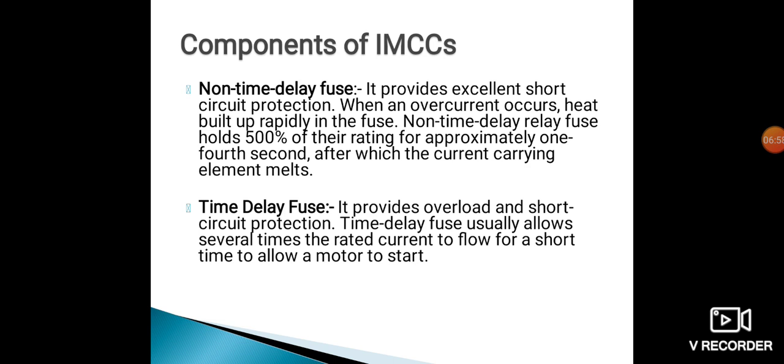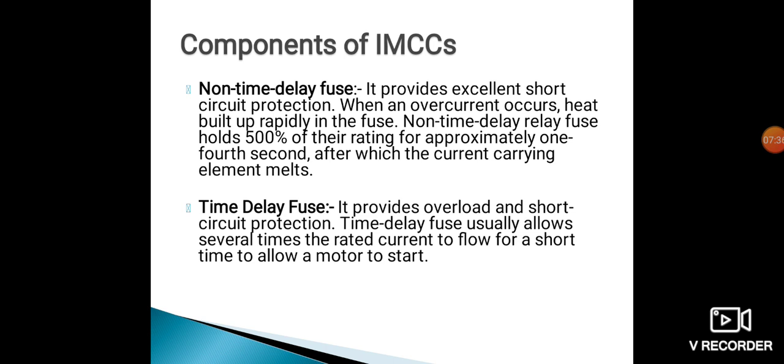Next is the time delay fuse. It provides overload and short circuit protection. A time delay fuse usually allows several times the rated current to flow for a short time to allow a motor to start. So the difference between no time delay and time delay is that the no time delay fuse responds in 1/4 second and cannot handle sequential overcurrents.